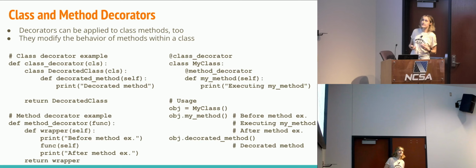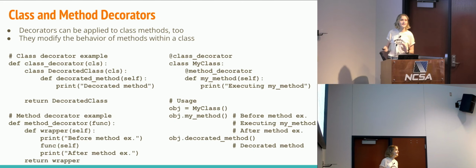We also can make class and method decorators. Here's a little example of the syntax that we would use for that. I know it's a lot of text on this screen, but essentially we do get to just take this wrapper. We see it here applied to this output we would get. This is largely for reference.